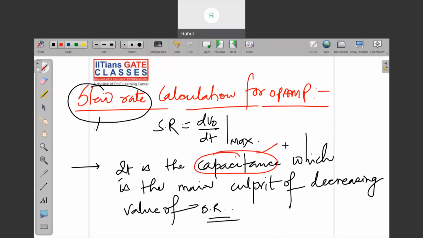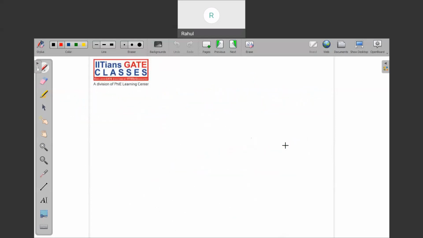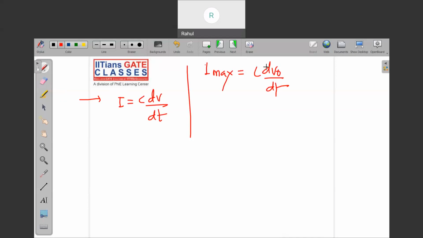Remember, this is the element in the op-amp which will be present. So what is the relation between I and V in case of capacitance? I equals C dV/dt. You have to keep this in mind, right? What is I max here? I max will be equal to C dV0/dt, and dV0/dt is basically the slew rate.